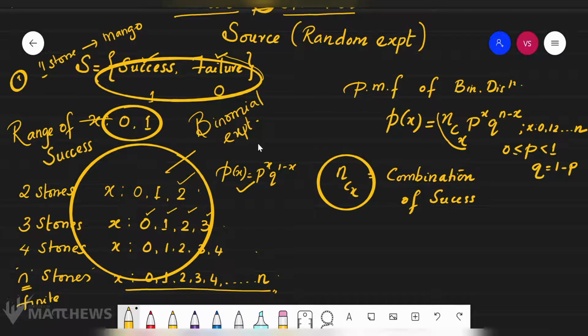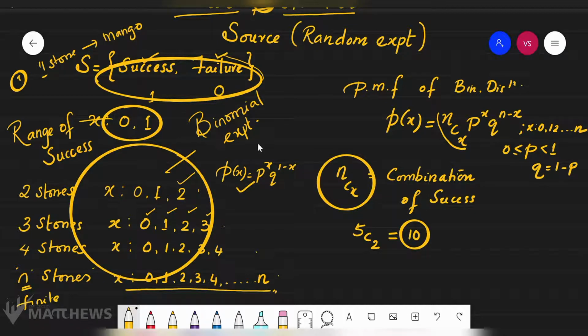Imagine that in the experiment we hit 2 stones. Now, which 2 stones, and how many combinations can be formed of the 2 stones, is what we will be working out. So the combination will be 5C2, which means 10. So 10 combinations can be formed of two stones together.